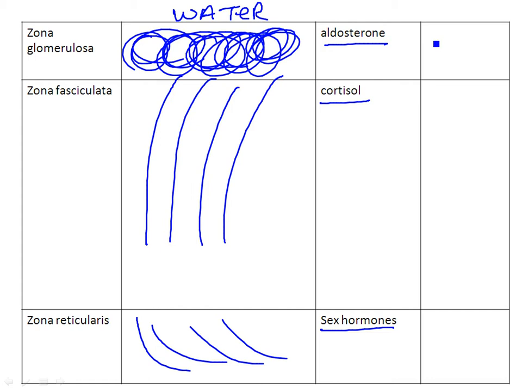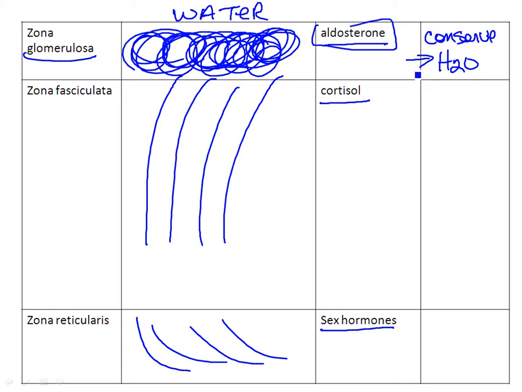Aldosterone causes you to conserve water. Now, if you're conserving water, you're not urinating it out. So, the zona glomerulosa, big balls of water, even though it's not water, you know it's really cells, but we're using our water analogy. The hormone is aldosterone, which causes you to save water.